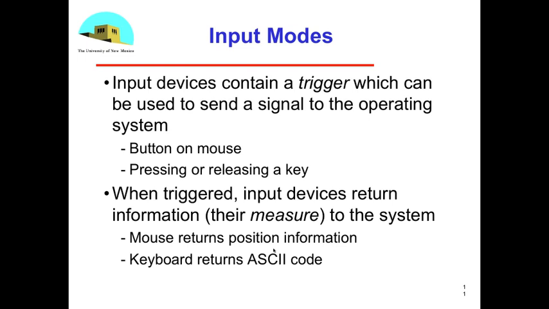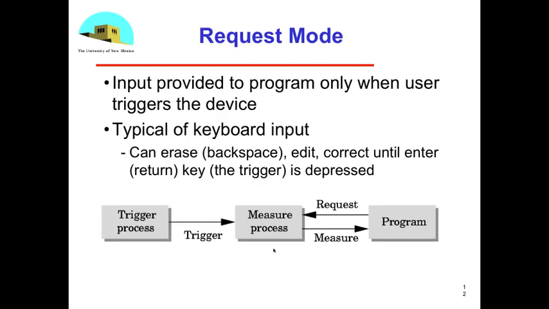The simplest form of input, the simplest mode, is called request mode, and that's probably what you're all familiar with when you run a program and the program sits there and asks you for some sort of input. If you think about what you enter when you see a prompt on the screen, the program is actually in a halt state.